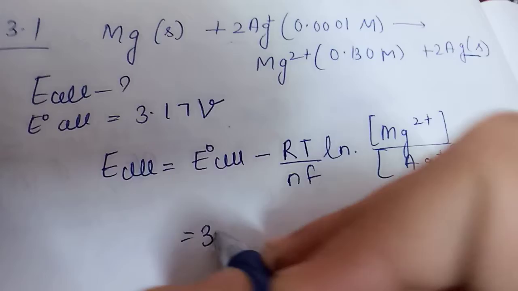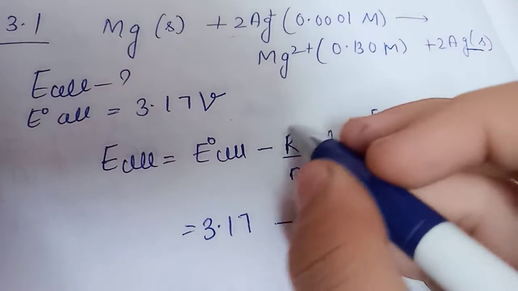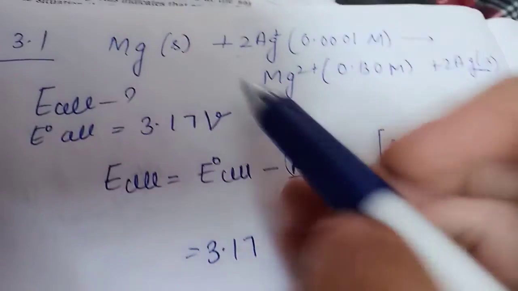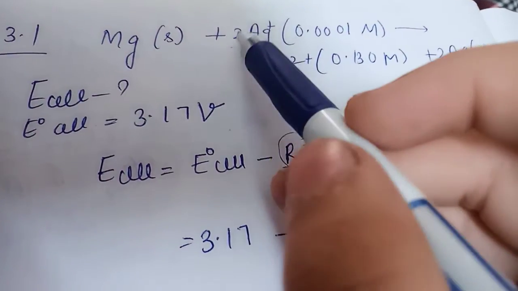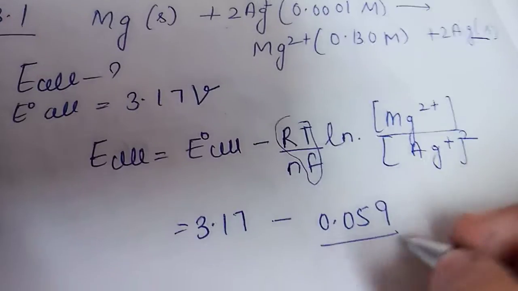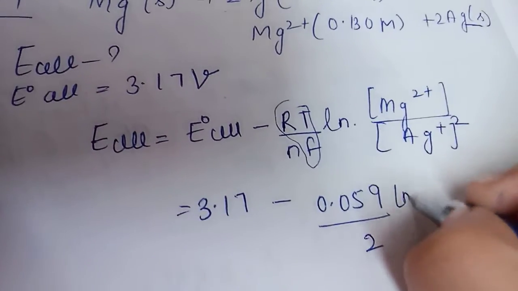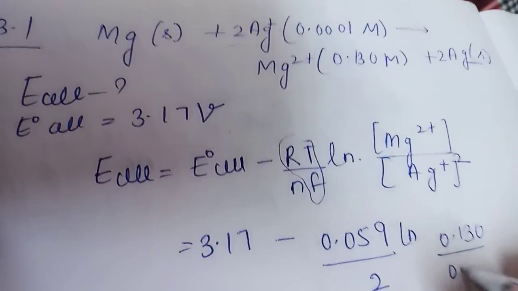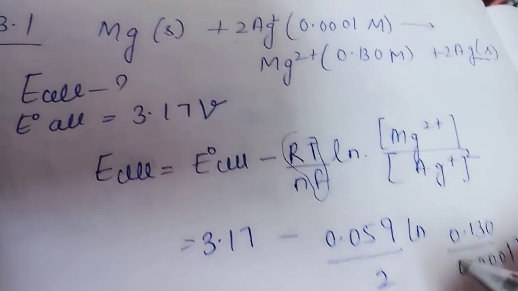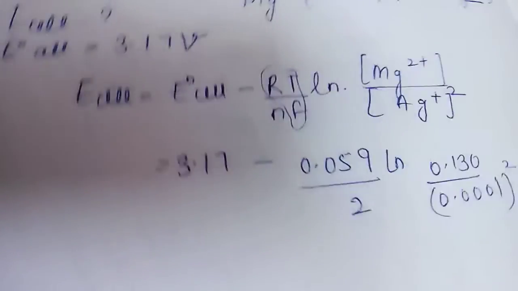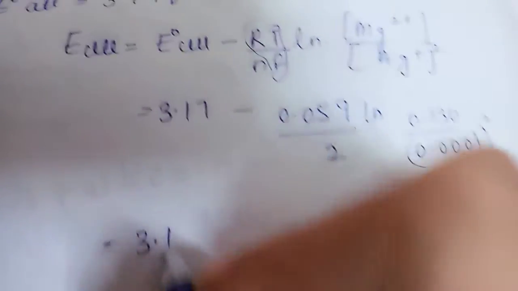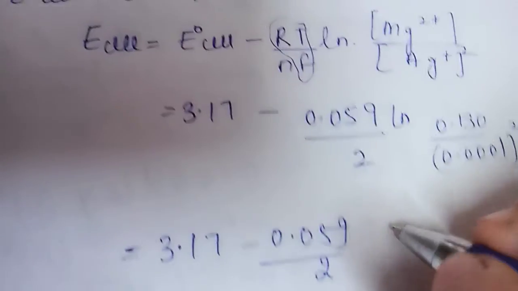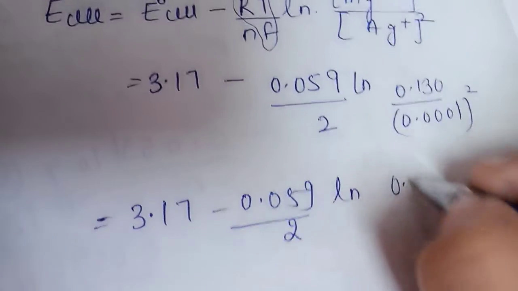So it is 3.17 minus 0.059, and how many electrons change take place? 2 plus 2 plus, so it is 2. Log of Mg2 plus is 0.130 and Ag has 0.0001 square. So calculate it. 3.17 minus 0.059 by 2 ln 0.130.